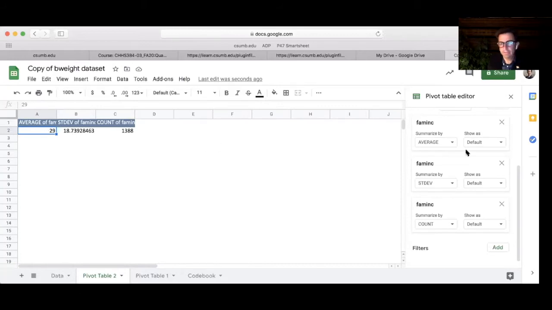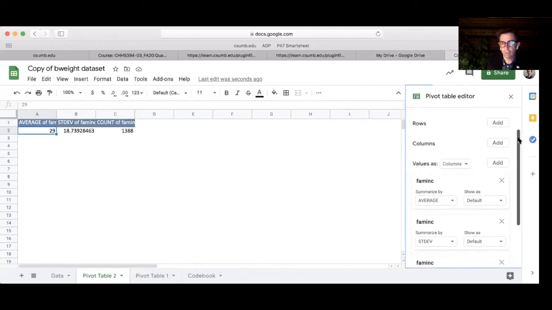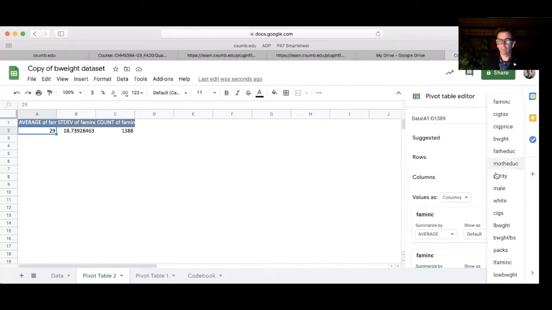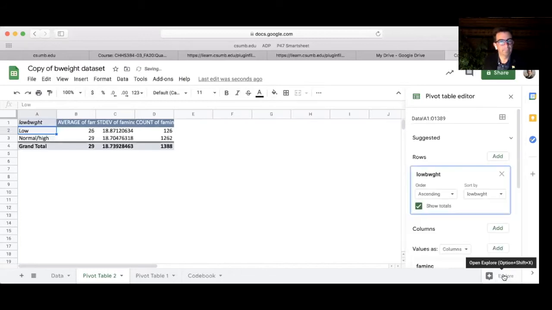Now, let's bring this to the rows, this group that we want to classify by, right? We want to know if the average income is different for these babies that are born with either low birth weight or normal and high birth weight. And we put it on the rows.